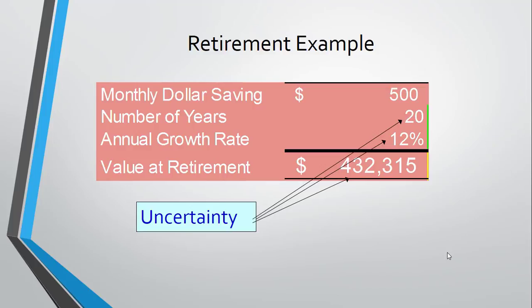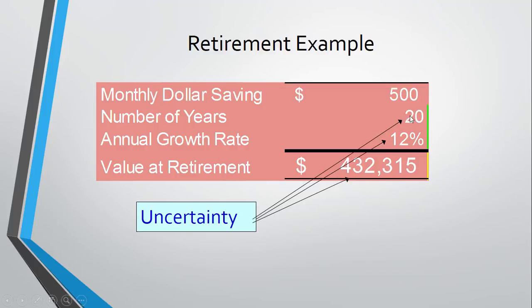An example of retirement: you save $500 monthly. Let's say you have 20 years to work, then you retire, and an annual growth rate, let's say 12%. If that's the case, with compound rate, you get $400,000 upon retirement.